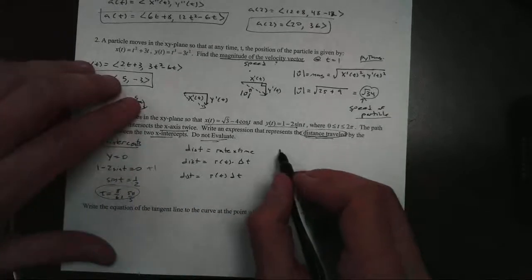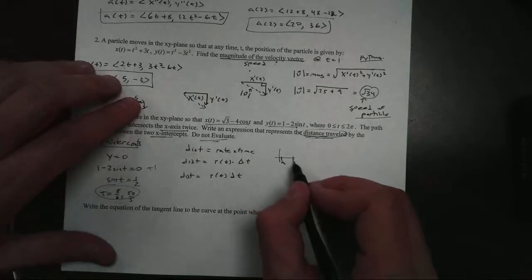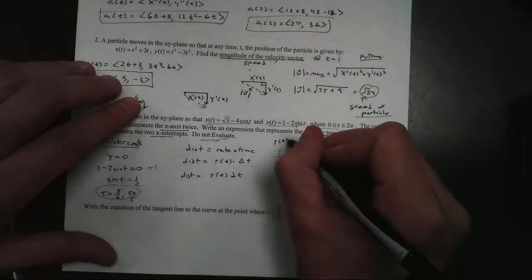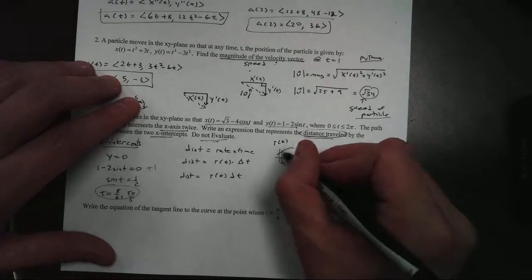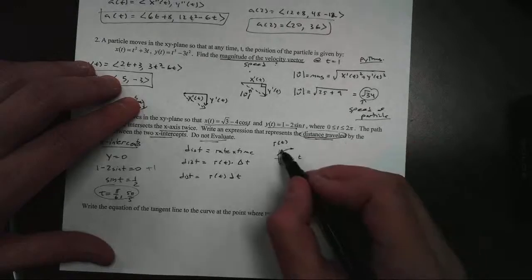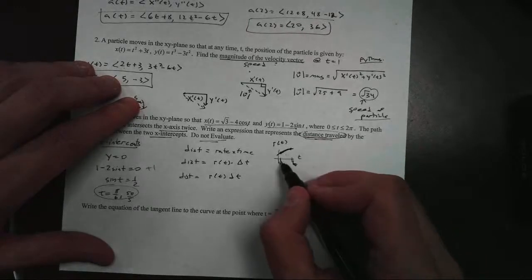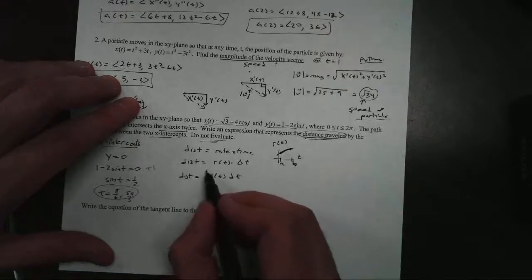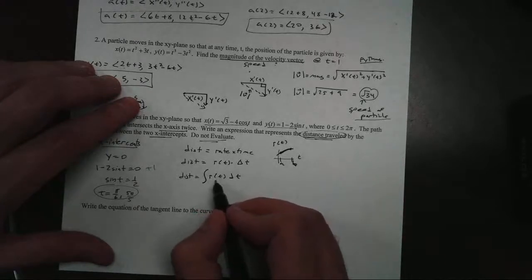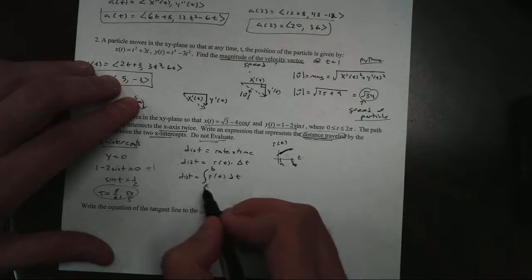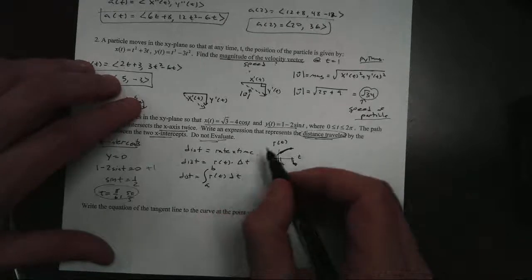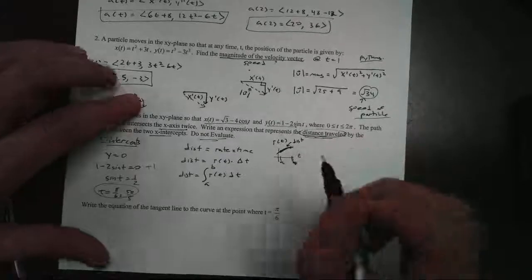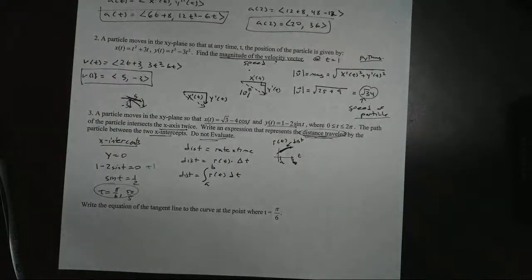If this was my curve, from A to B, and this is r of t against t, and I want to find the distance this particle travels, I have to use an integral. So we take the antiderivative of this function from A to B. Now, we've seen this before when we did arc length.